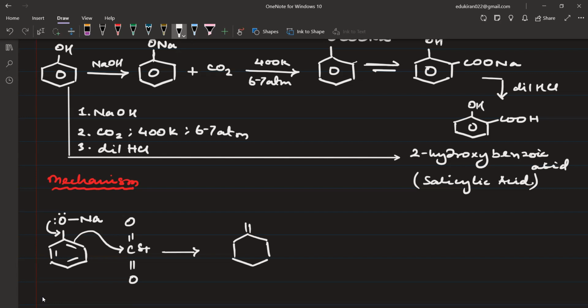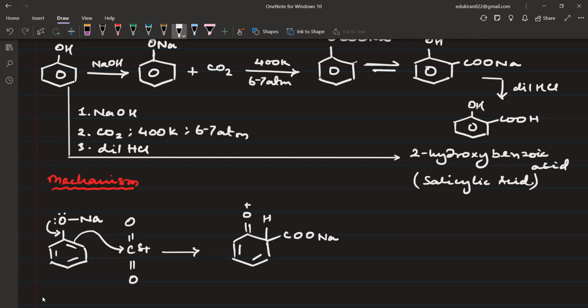We have a double bond O, and here we have COONa. Here we have a positive charge, and a double bond here, and there is a hydrogen here.